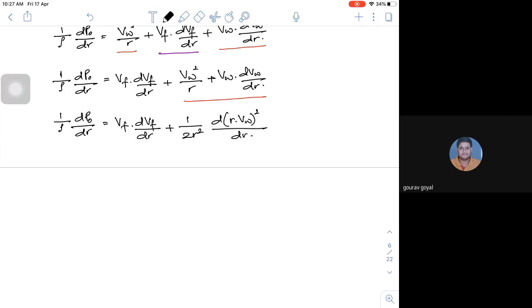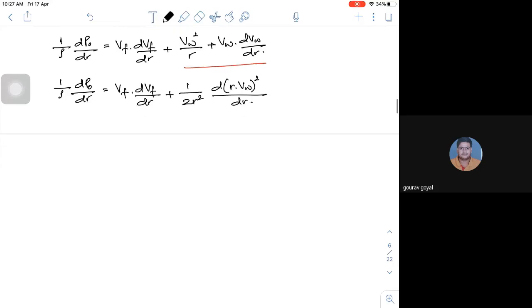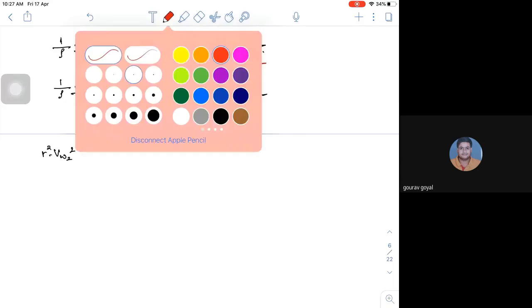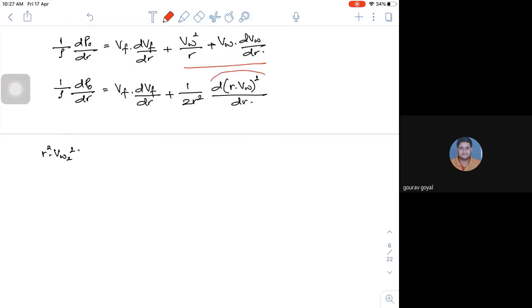What is it actually? I'll take the differential. If I take r square into Vw square, this particular component that I'm circling, how did I get it? Let me use the red color, it's easy for you. I can differentiate and show that.